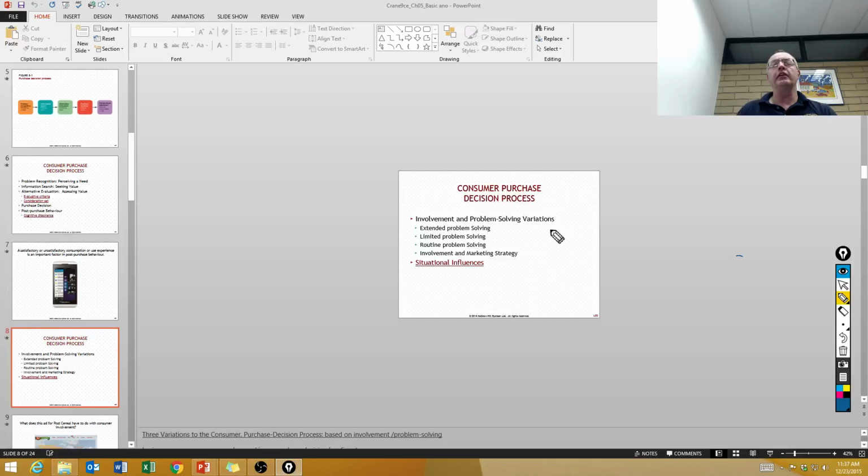And these 3 variations on the model are based on the concept of involvement. And involvement means the level of importance of the product to the customer. So a product can have importance to us from an economic perspective because maybe the product is very expensive, or from a social perspective because maybe it reflects upon our social status.